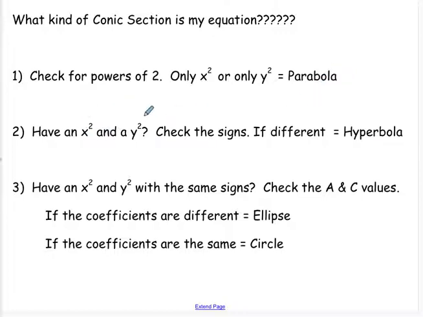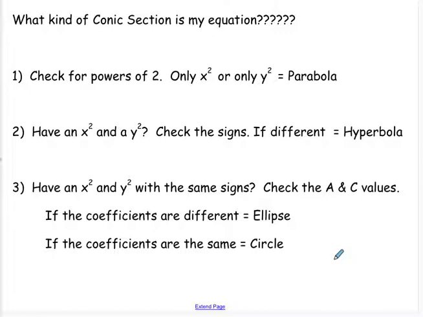If you have both an x squared term and a y squared term, check the signs, because if they're different, it has to be a hyperbola. Then you're done. If the signs are the same, a positive x squared and a positive y squared, or a negative x squared and a negative y squared, then you still need to check the values for a and c. If the coefficients are different values, you've got an ellipse, but if the coefficients are the same, you have a circle.